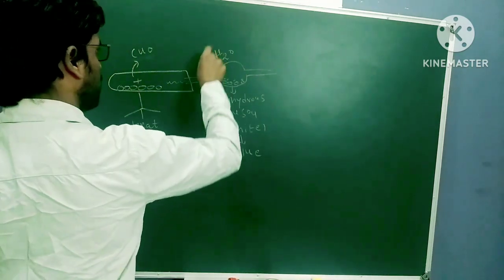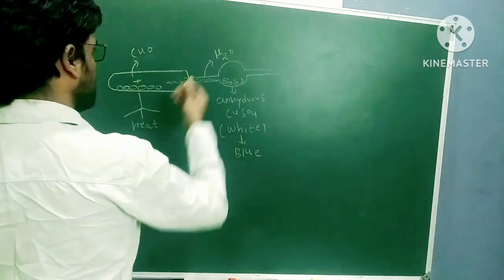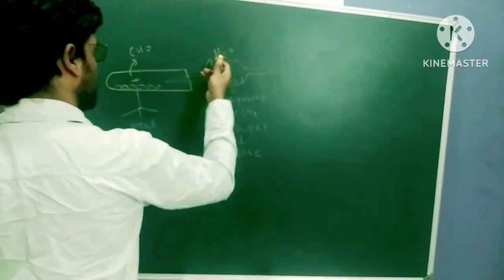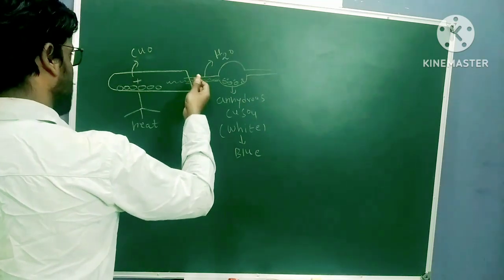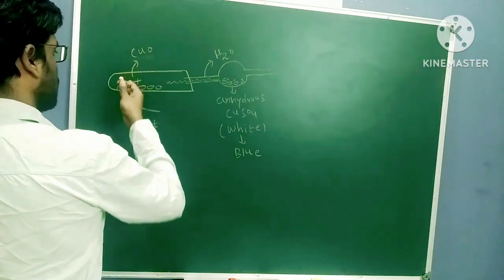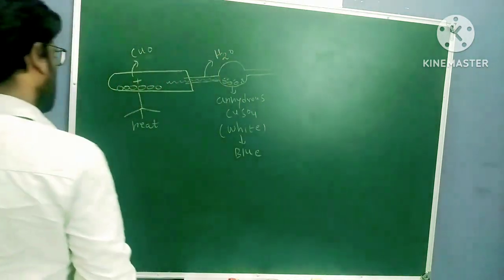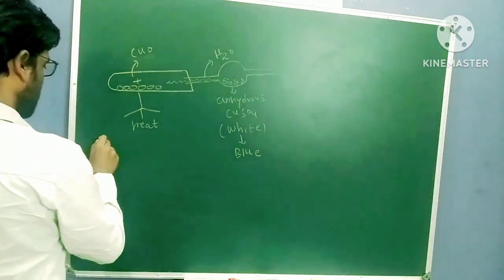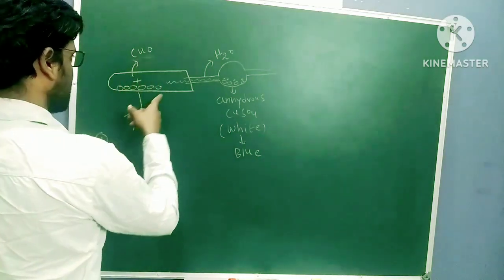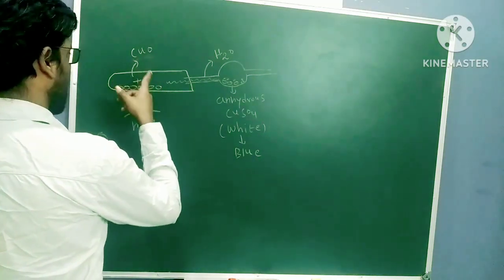Whenever water is present, that means hydrogen is also there in the organic compound, because in water hydrogens are there. That means this vapor belongs to this organic compound. So our organic compound has hydrogen. So here, first conclusion, this organic compound contains hydrogen.